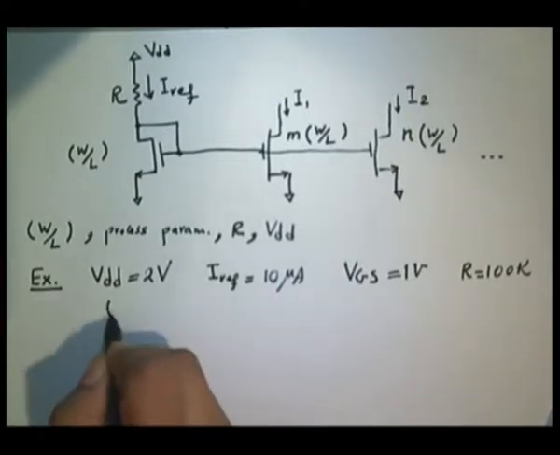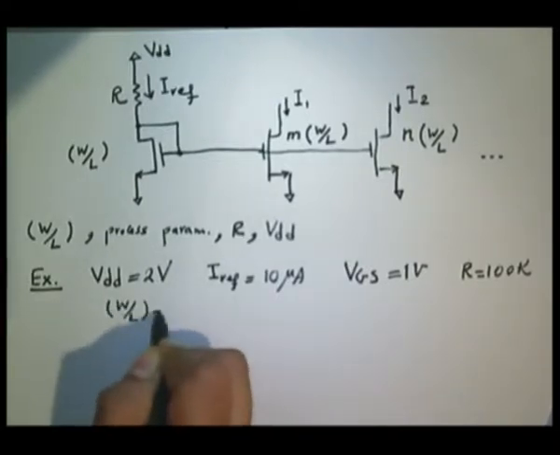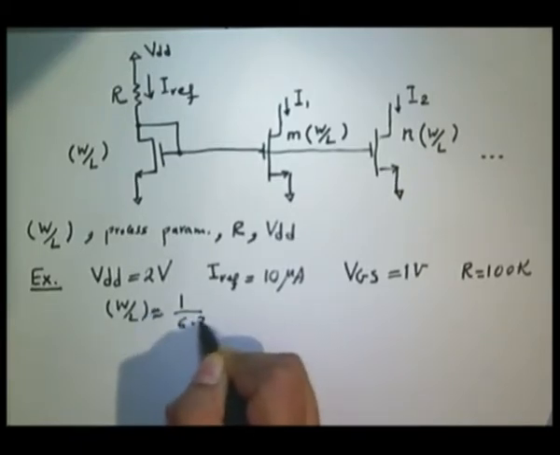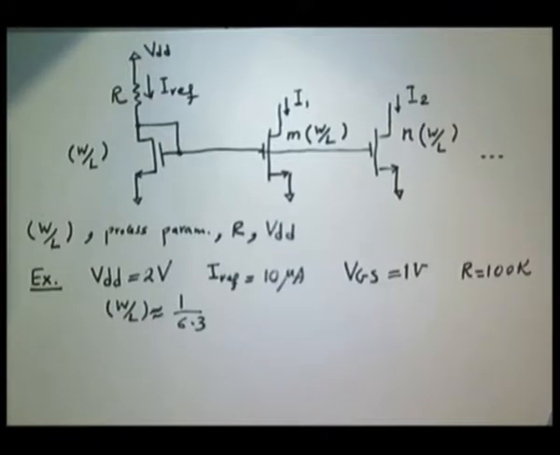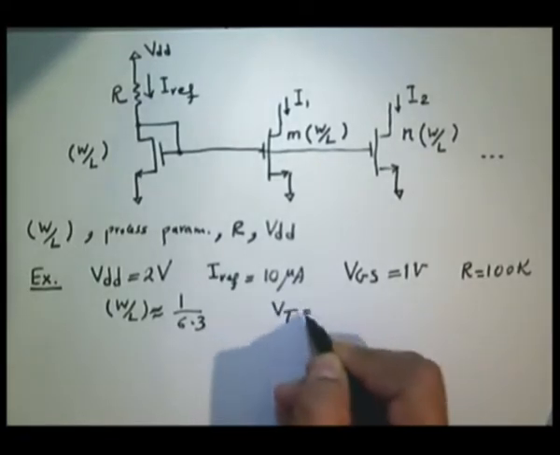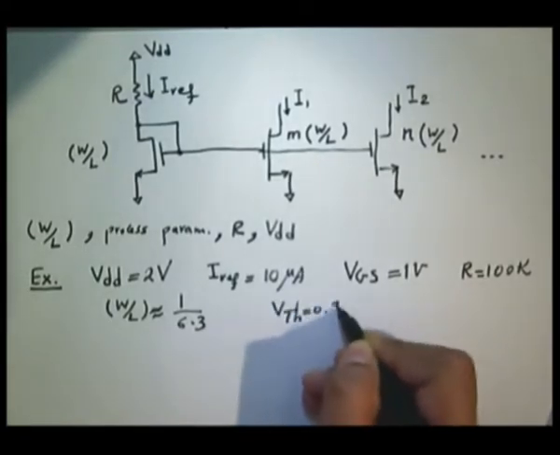And aspect ratio of transistor will be around 1 upon 6.3. This is just a crude example I want to give you to get an idea of how much biasing may change. And suppose threshold voltage of transistor also is 0.3 volt.